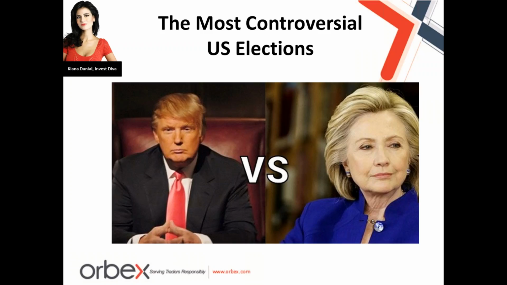So this is what's going on. The election is going to be in November. We have around 70 days until election day, and there is a lot of controversy going on, and a lot of Americans are really involved in the politics.